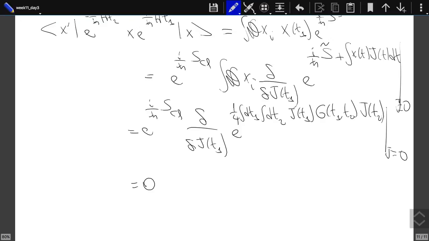Well, there is one mistake I did. Let me correct it. I'm actually calculating this one. Because you see, when we separate the x classical, the x appearing over here is the deviation from the x classical. So this matrix element is 0.